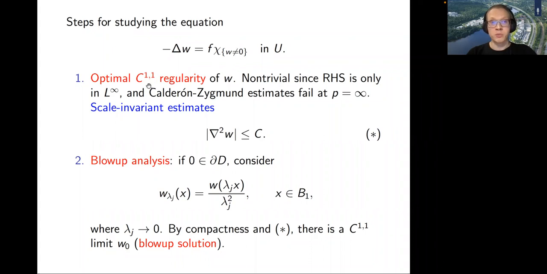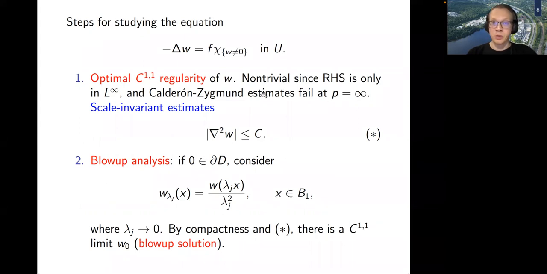The first step is to prove optimal C^{1,1} regularity of the solution. And this is non-trivial because the right-hand side has a jump discontinuity. So the right-hand side is in L infinity, but it's not continuous. And the estimates that you would like to use, the Calderón-Zygmund estimates for this problem, fail at L infinity. So you don't get this easily.